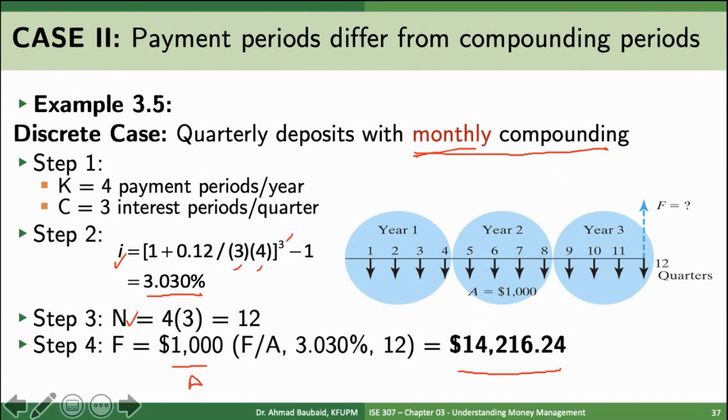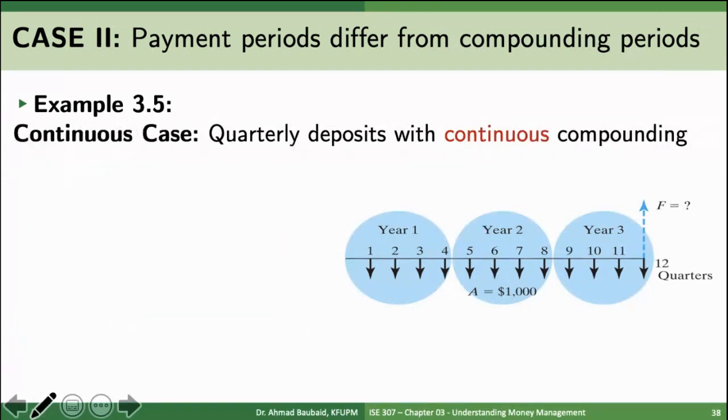Okay. Let's look at the case where we have continuous compounding. Same parameters, same example. It's just that we're changing one parameter, actually. One parameter changes, and that is how frequently we apply the interest. And so what parameter is going to change?